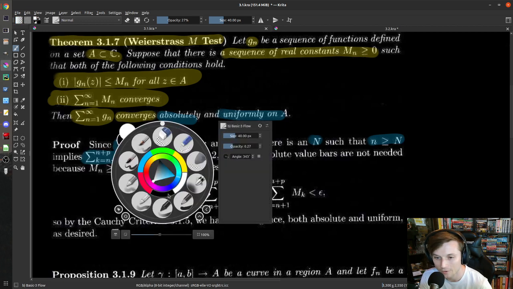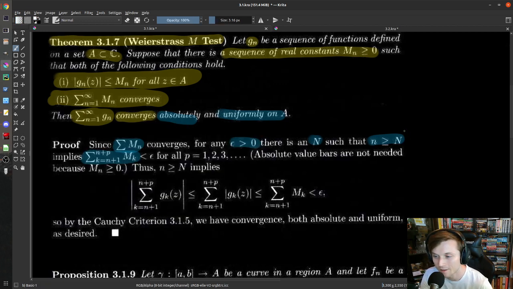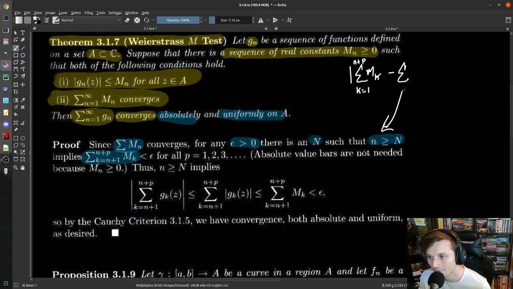If you're trying to see what's going on in this situation, just think about, I'm just drawing an arrow there poorly, the absolute value of the sum from k equals 1 to n plus p of M_k minus the sum from k equals 1 to n of M_k.